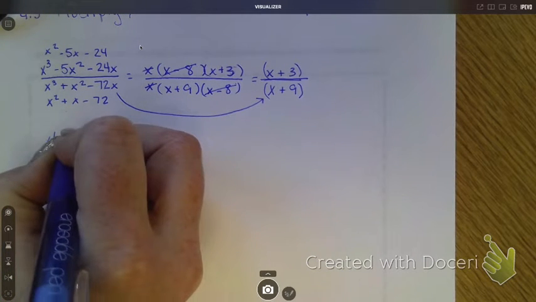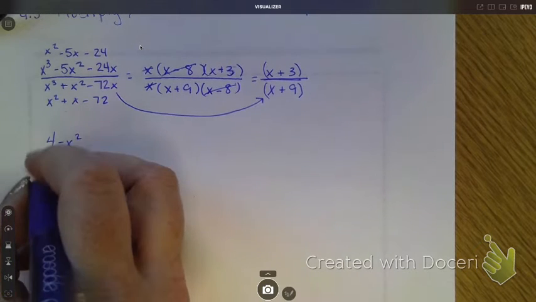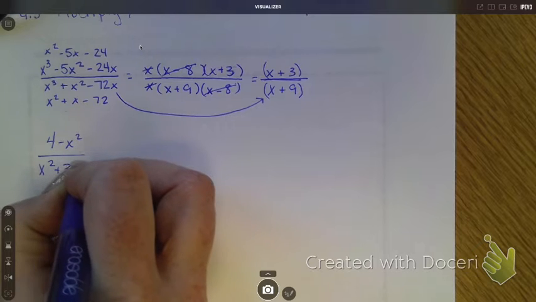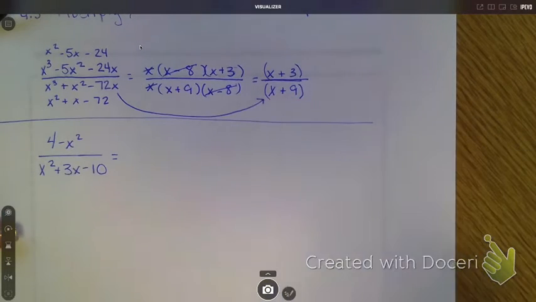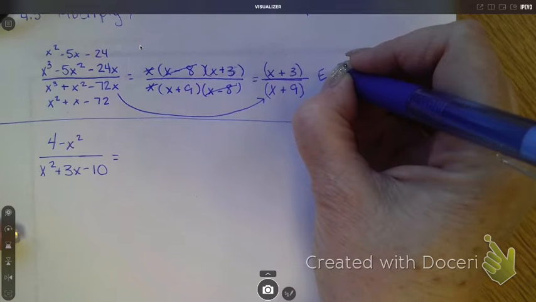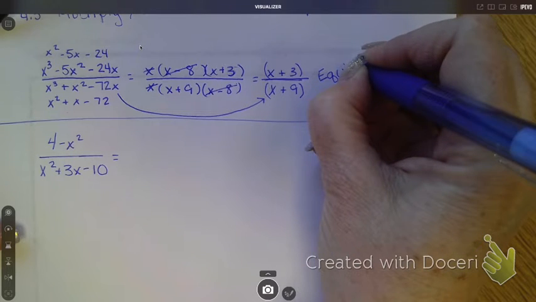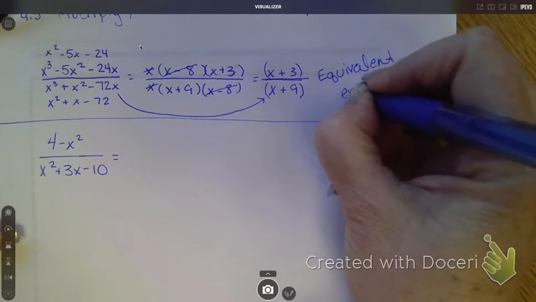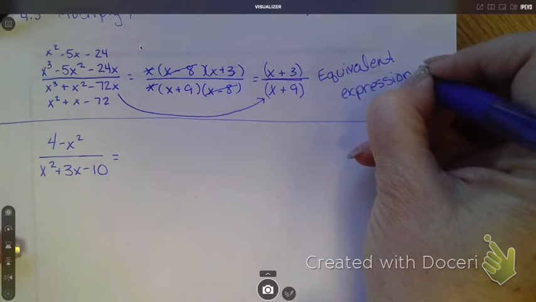Simplify 4 minus x squared over x squared plus 3x minus 10. This is a completely different problem. This one said equivalent expression. This one says simplify.